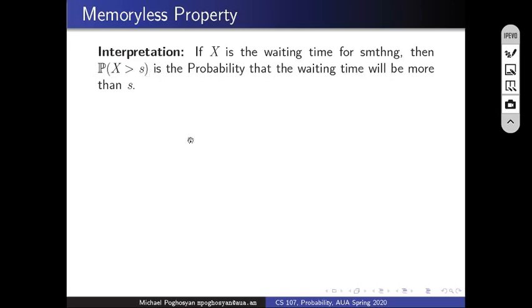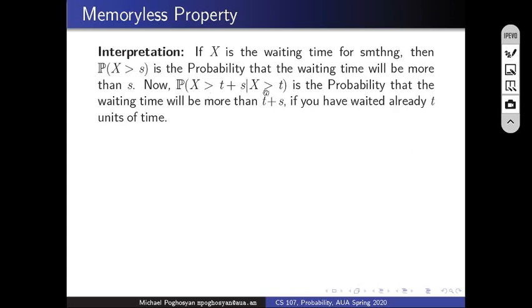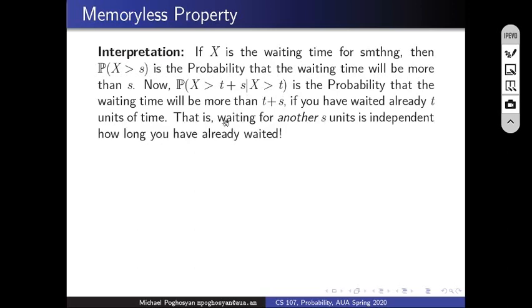Now, we can interpret the conditional probability this way: it is the probability that the waiting time will be more than t plus s, given that we have already waited t units of time. So waiting for another s units of time, another s minutes or hours or years, is independent of how long you have already waited.